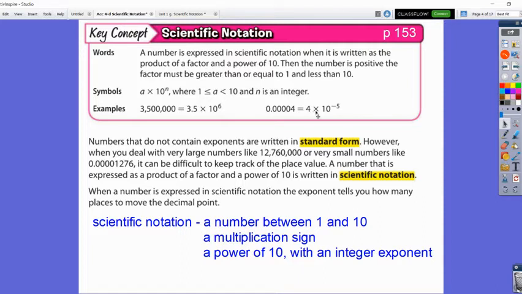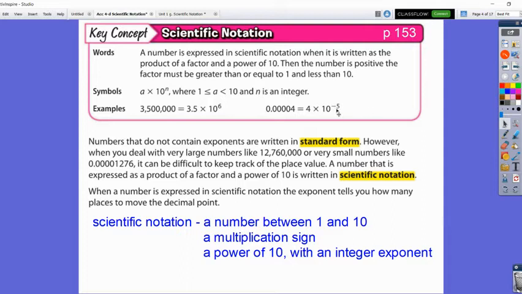Then a multiplication sign and then a power of 10, 10 to the sixth in this case, or 10 to the negative fifth. Positive powers of 10 for very large numbers. Negative powers of 10, right? This is actually 1/10 to the fifth, so this is a small decimal number. Negative powers of 10 for small decimal numbers.